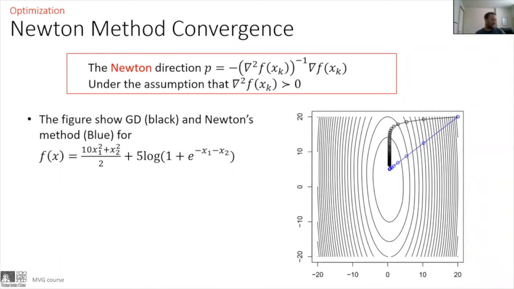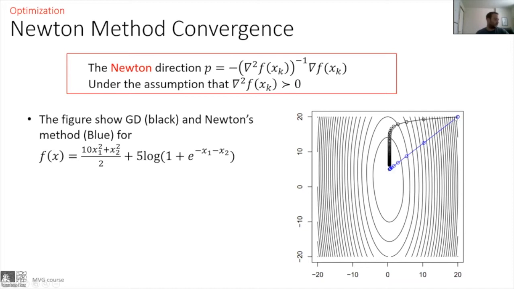So it's not an interesting example. We take a quadratic function and add some non-quadratic terms. And this is an example. The black line is the gradient descent, and the blue line is the Newton method.